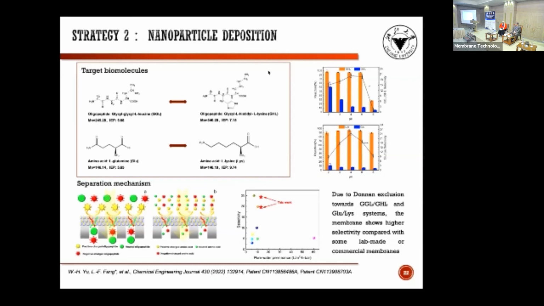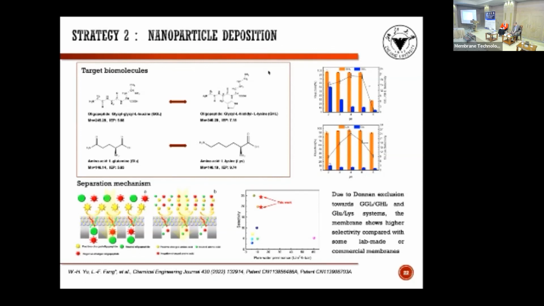Hence, the selectivity is maximized under neutral and weak acid conditions. A similar separation behavior is also observed in the separation of lysine and glutamine.